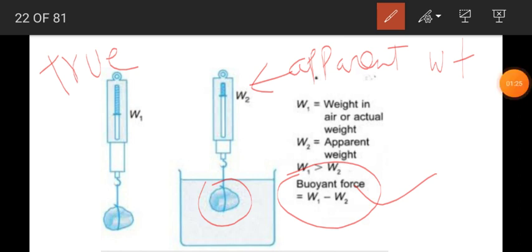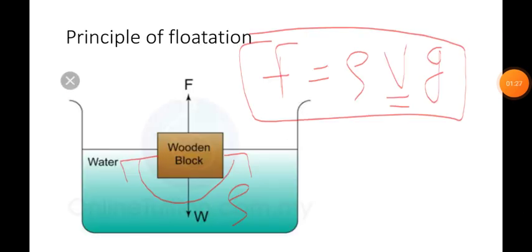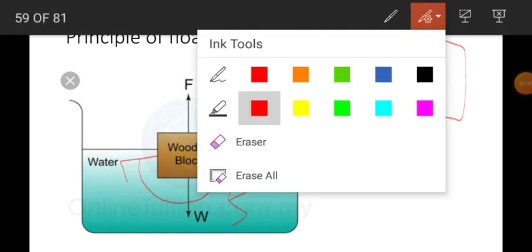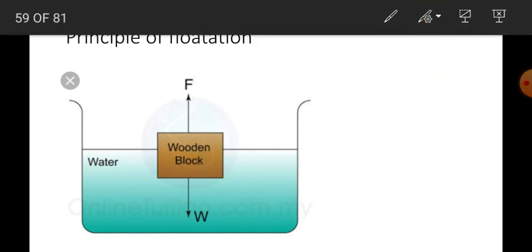So let's begin. For a floating body, its apparent weight is 0. So if I attach a spring balance to this wooden block, the spring balance will show me 0 reading in water, because apparent weight is 0 for a floating body. So for upthrust, there were two formulas which we used.